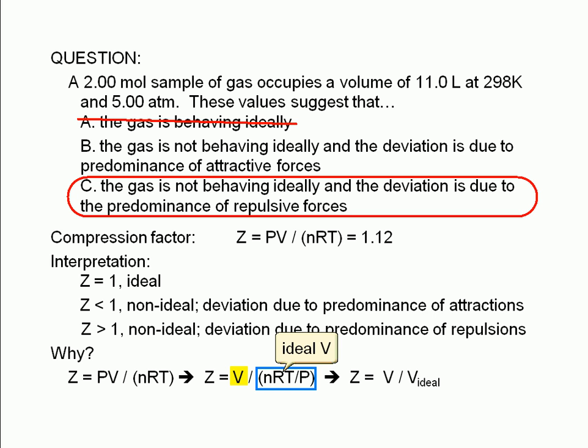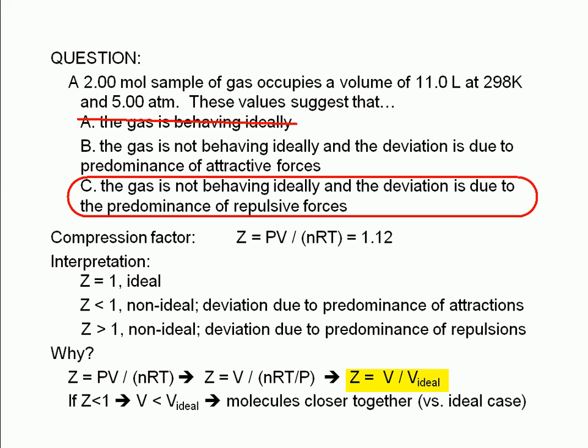In other words, if the gas were ideal, its volume would be equal to nRT over P. Thus, the compression factor is simply equal to the ratio of the actual volume of the gas to its ideal volume. That is why it's called the compression factor.